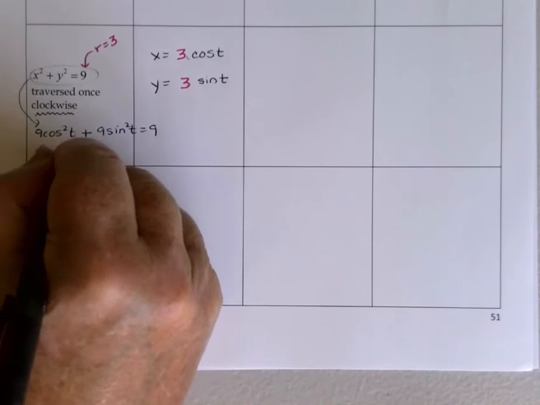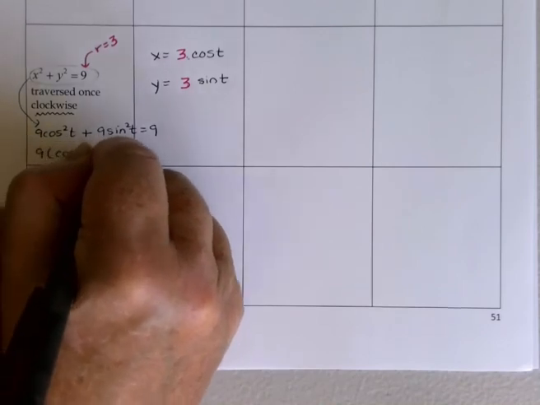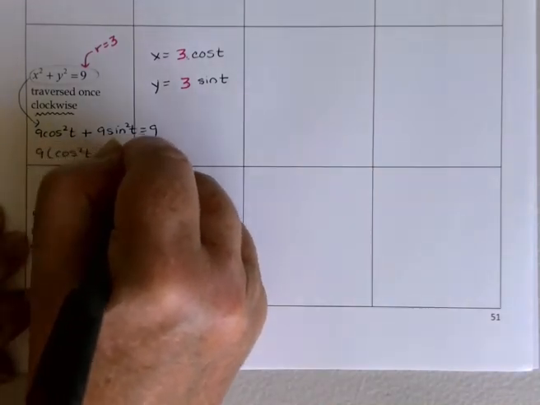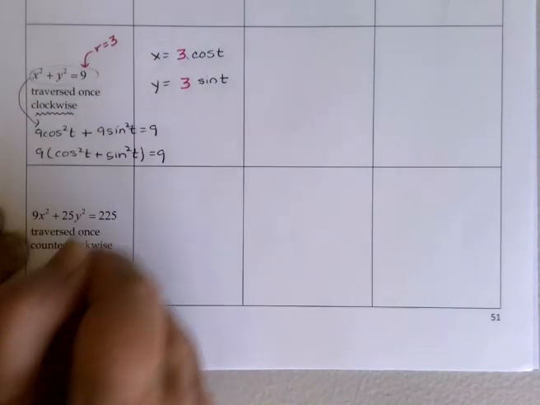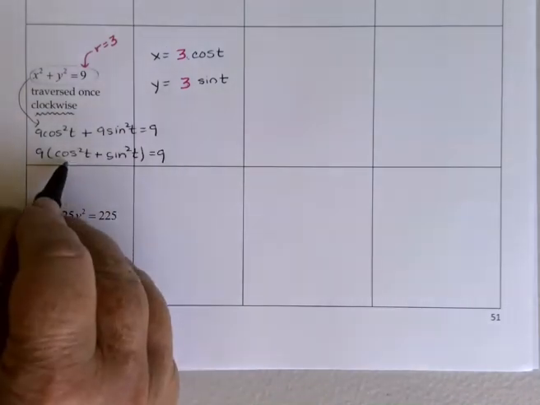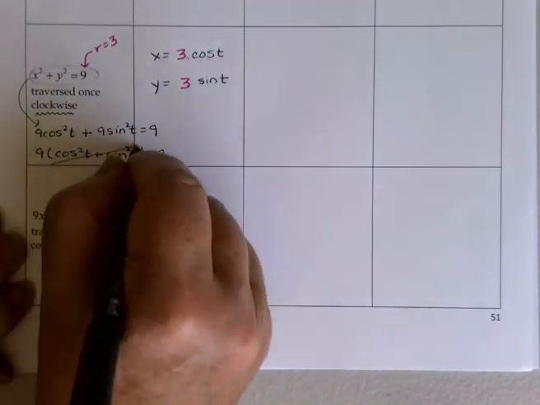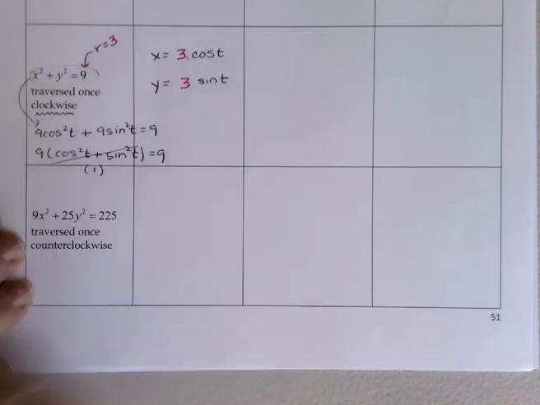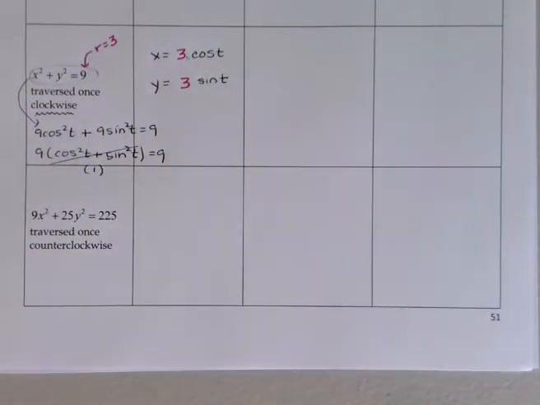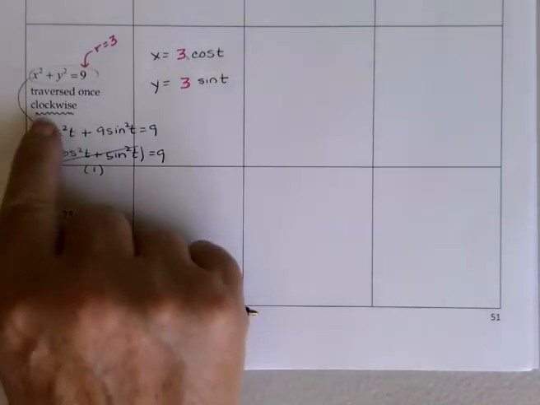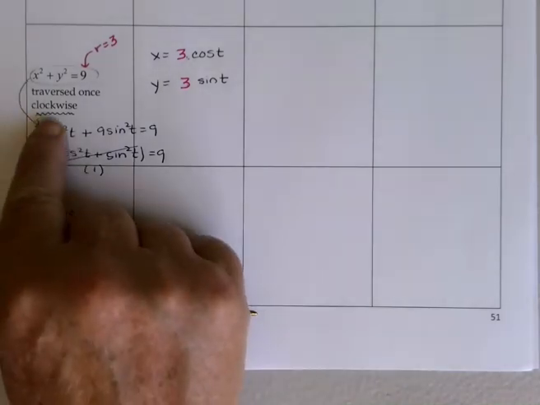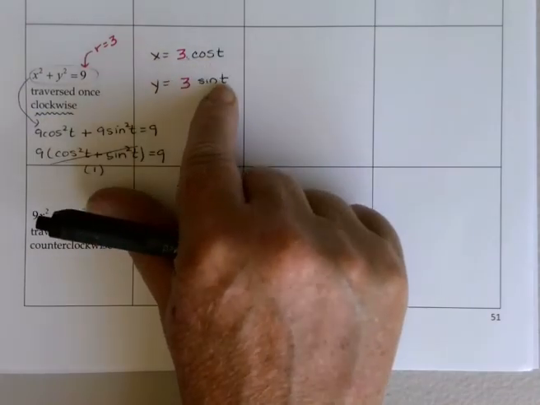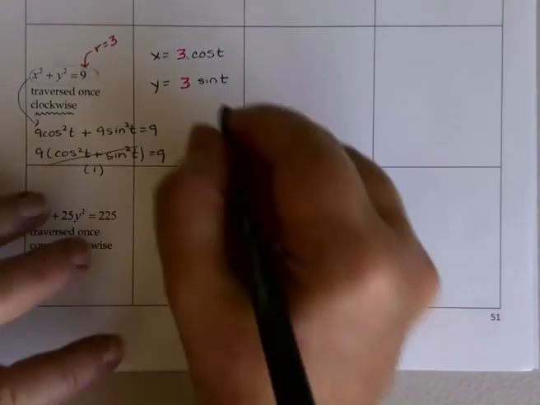And if you factor out the 9 from the left-hand side, you use that trig identity, cos squared t plus sine squared t is 1. It's certainly true that 9 equals 9. So this is a correct parameterization. We want to go around one time. To go all the way around a circle, our angle or t values here would have to go from 0 to 2 pi.